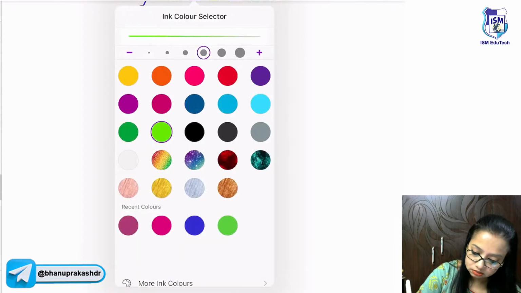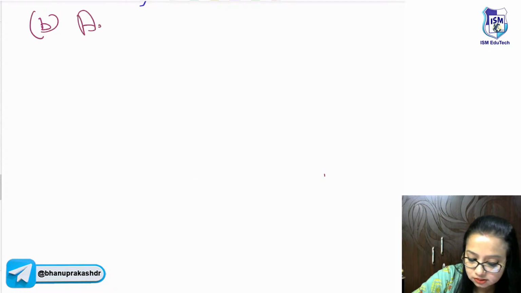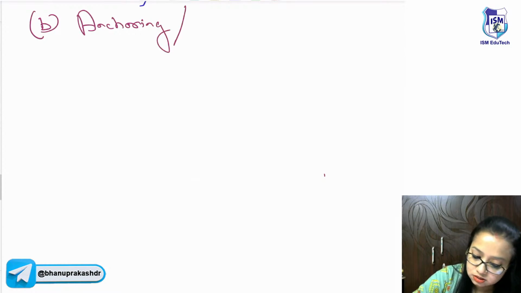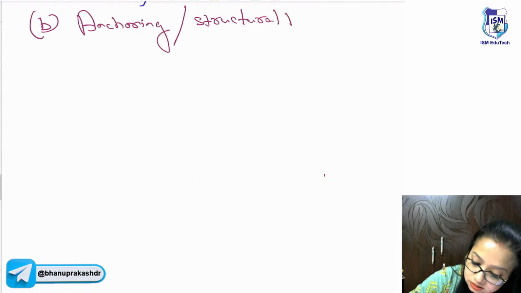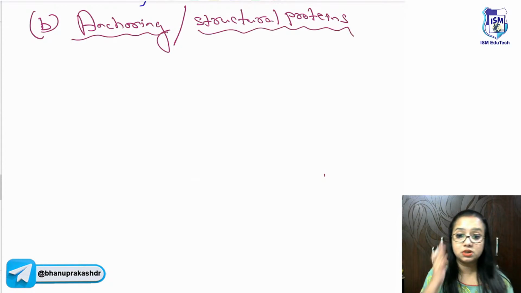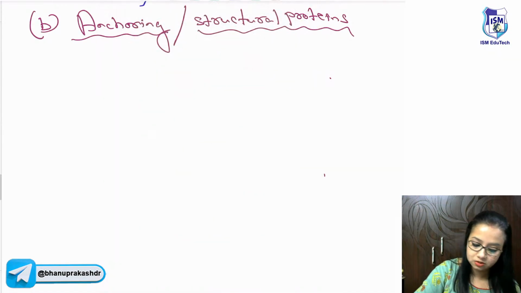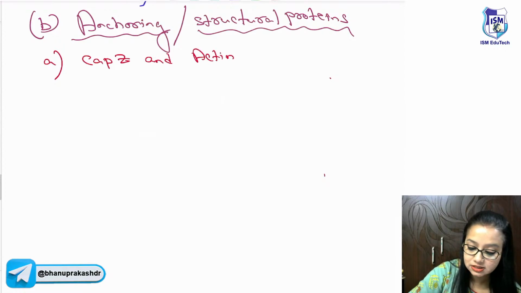Moving on to the anchoring or structural proteins. Now, what are the anchoring and structural proteins? They are also of more than one type. Okay, we have the CapZ and actinin.